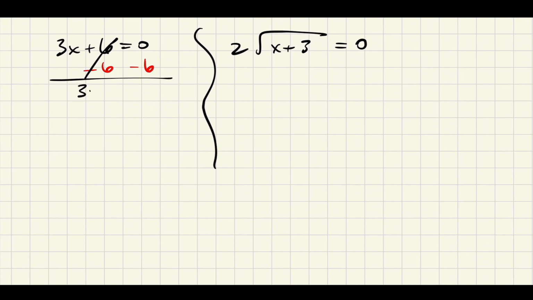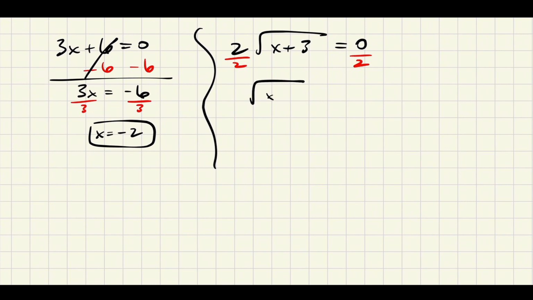So I get 3x equals negative 6. Divide by 3, divide by 3. I get x equals negative 2 as one of my answers. Over here, I'm going to divide by 2. To get rid of the root, I got to do the opposite.